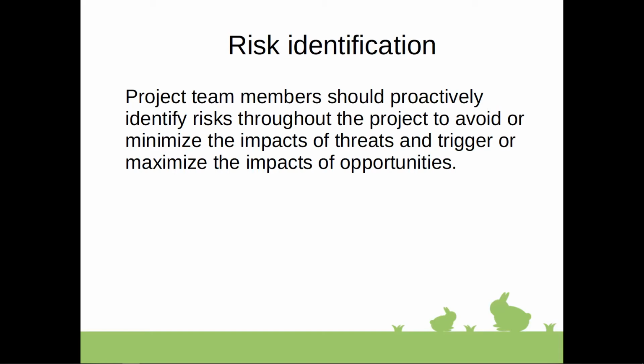However, regular risk analysis and risk review to identify potential new risks should be done regularly on a project. So initial risk identification should be done as early as possible before the project starts execution. However, continuous risk review should be done throughout the project.